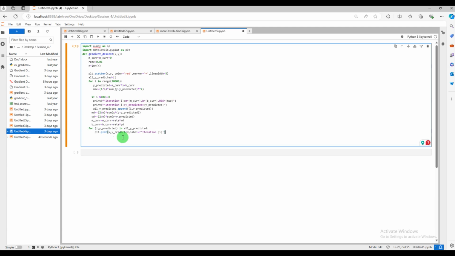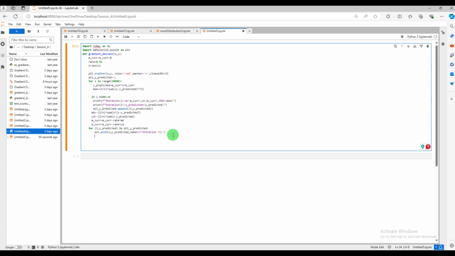After this section we need to plot the final predicted y value against the input data x in blue and label the line as final iteration.